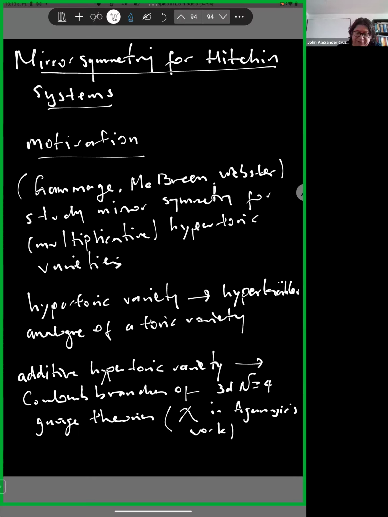So the Coulomb branch is a source of these additive varieties. On the other hand, we have the multiplicative hypertoric varieties.